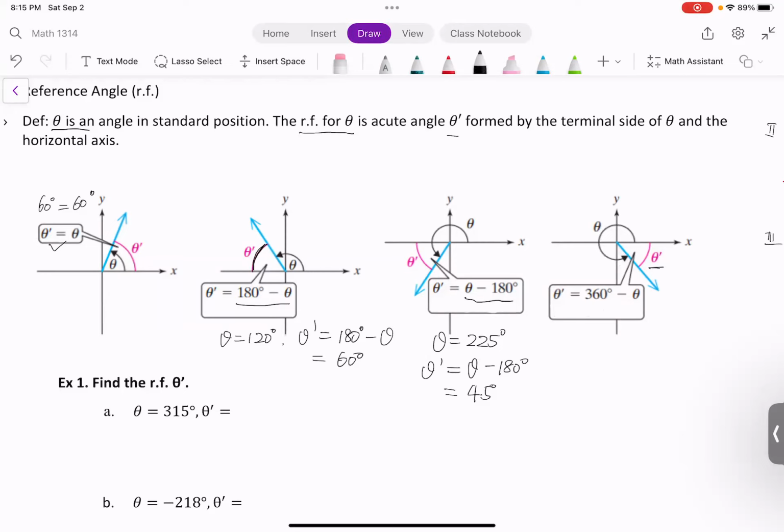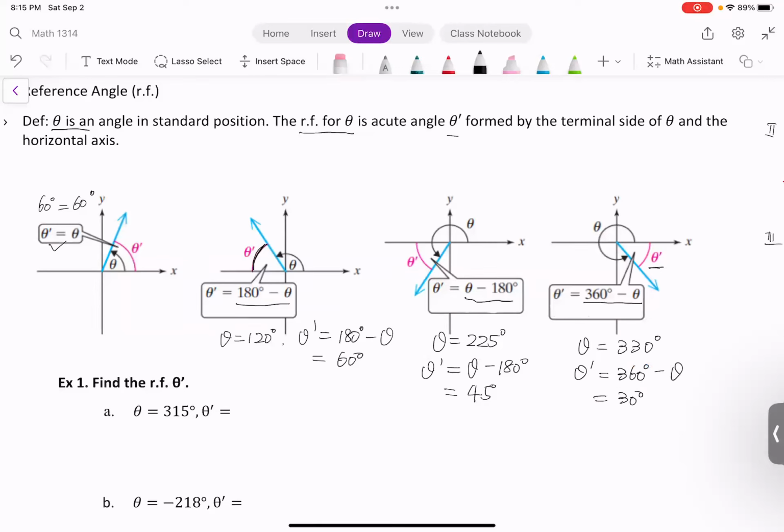We use 360 degrees minus theta. For example, I have an angle theta equals 330 degrees. So its reference angle equals 360 minus theta. So 360 minus 330 is 30 degrees.